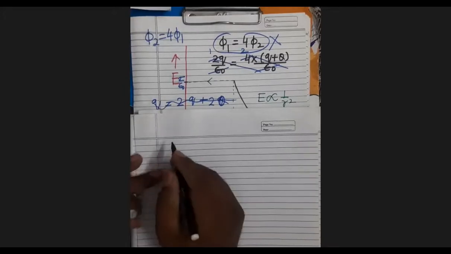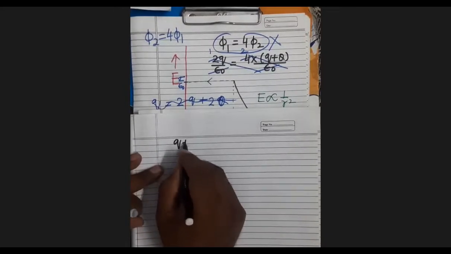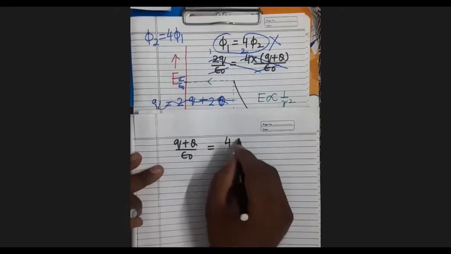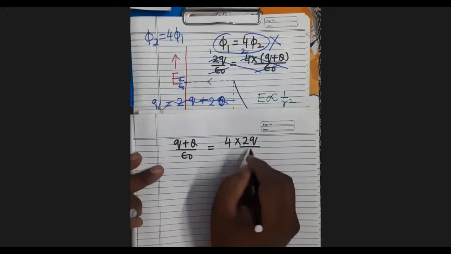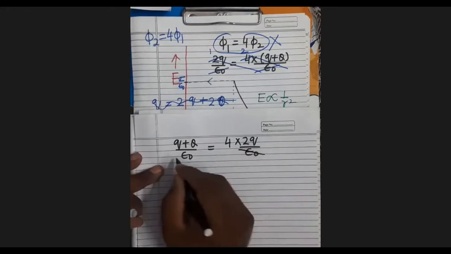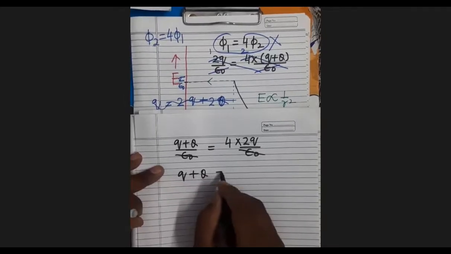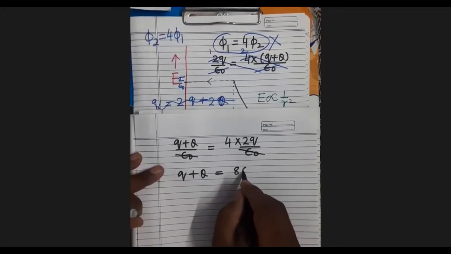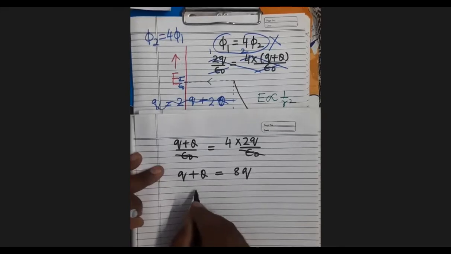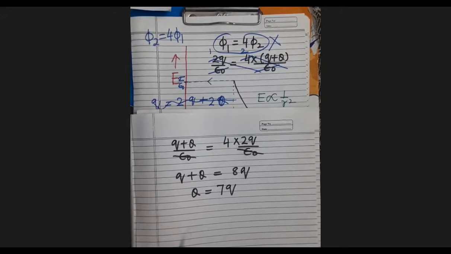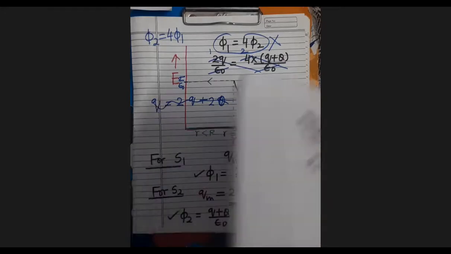When I substitute phi 2: q plus capital Q upon epsilon naught equals 4 into 2q upon epsilon naught. This and this cancel. So q plus capital Q equals 8q. So what will be capital Q? It is equal to 7q. यही आया होगा. Yes, this is the answer. Have you got it? Now see here.